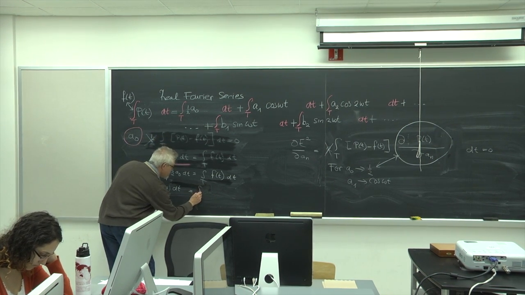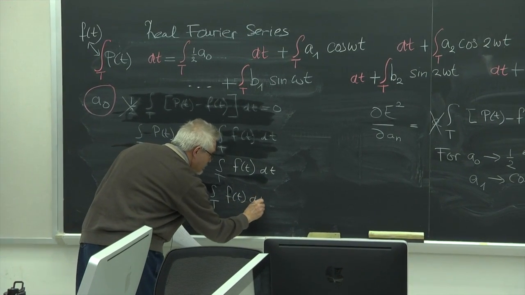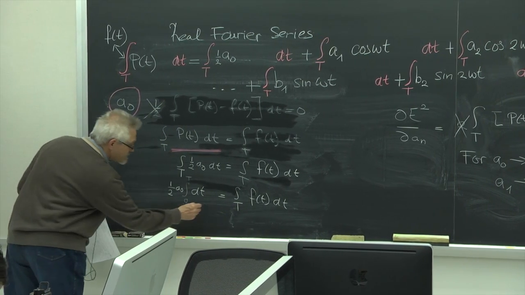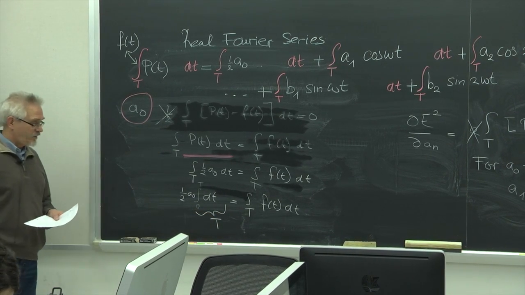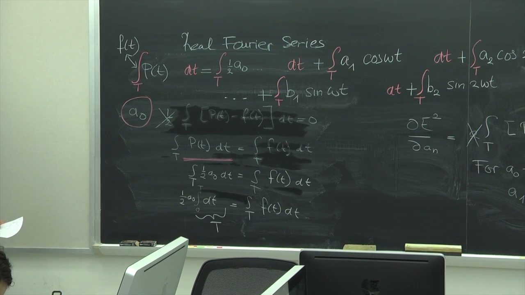Is going to be equal to f(t) dt. Well, this thing will be capital T. It will be capital T minus 0, so that capital T survives.